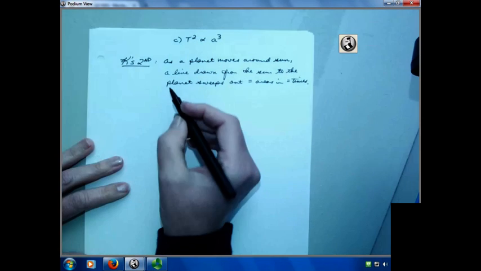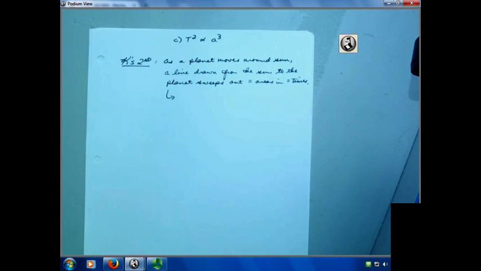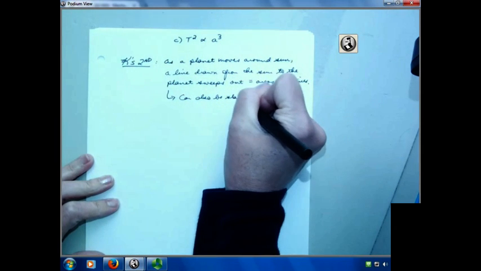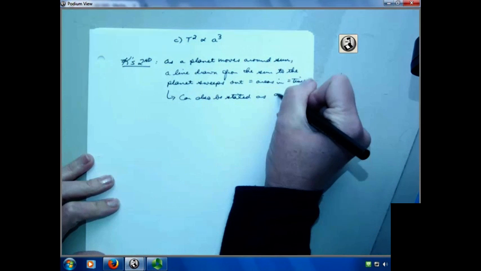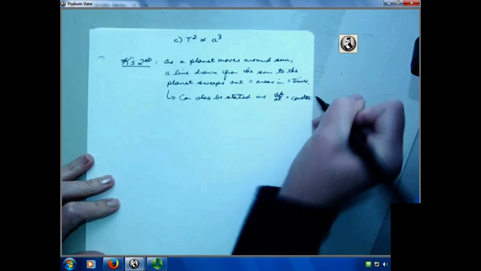That's Kepler's second law. It also applies to comets and anything else moving around the sun. Another way to state this would be to say that the time rate of change of the area swept out is equal to a constant.